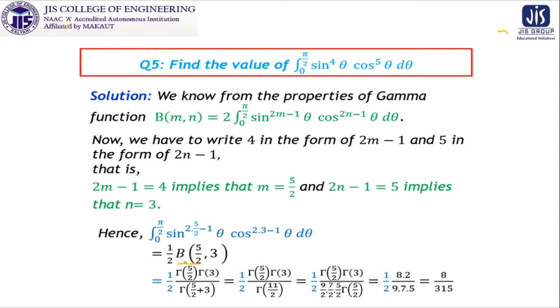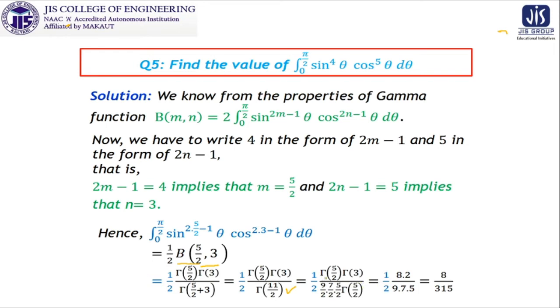So by this we can tackle this one. Gamma 3 is nothing but 2 factorial, and gamma 11 by 2 was already done in the class of gamma function first, and gamma 11 by 2 can be written as 9 by 2 into 7 by 2 into 5 by 2 and so on up to gamma half, and we can cancel it out.